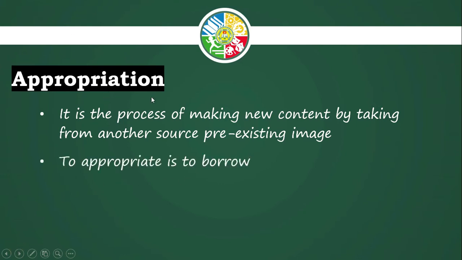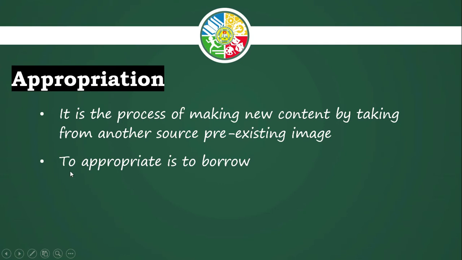So, what does this mean? Appropriation comes from its root word, appropriate. Meaning, the process of making new content by taking from another source or pre-existing image. So, appropriation is basically recreating an old artwork.